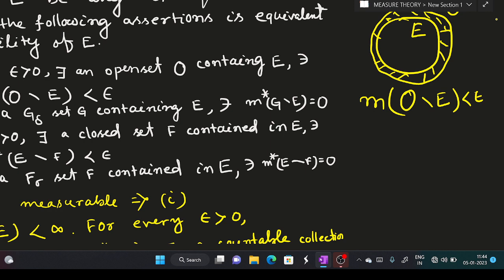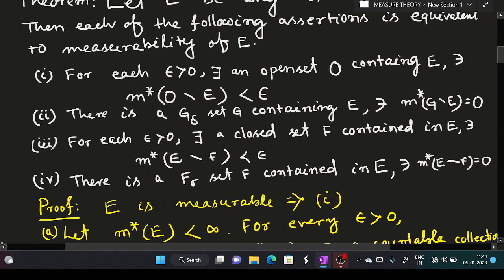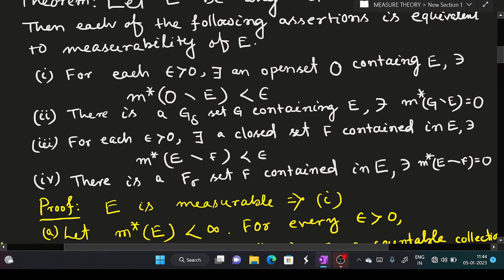Now this condition is to be proved equivalent to another condition, condition 2. What is it telling? There is a G delta set G containing E such that the outer measure of G difference E is equal to 0. So what is a G delta set?